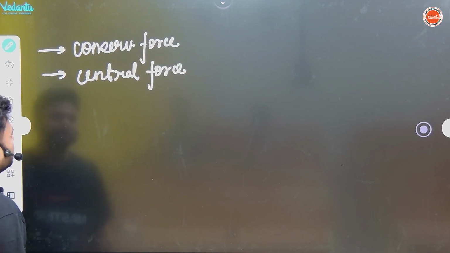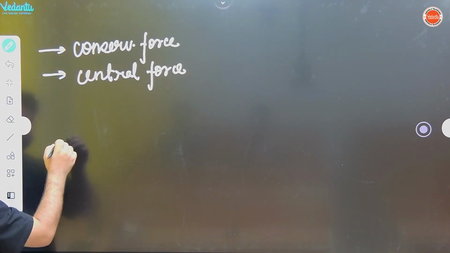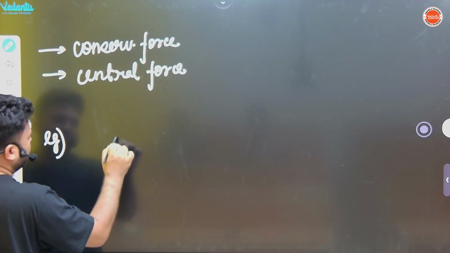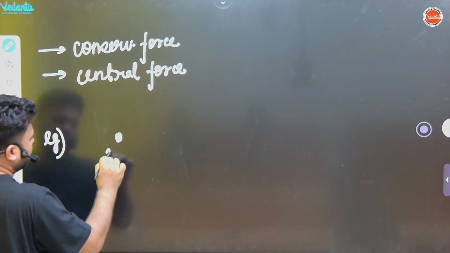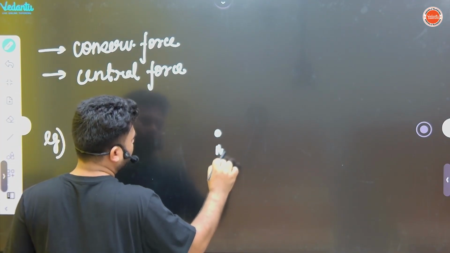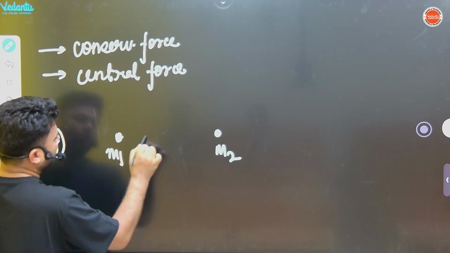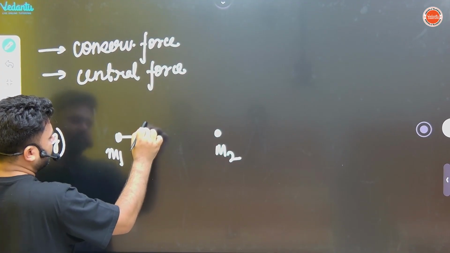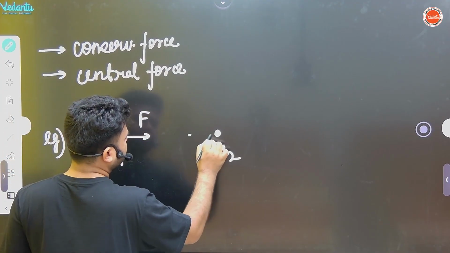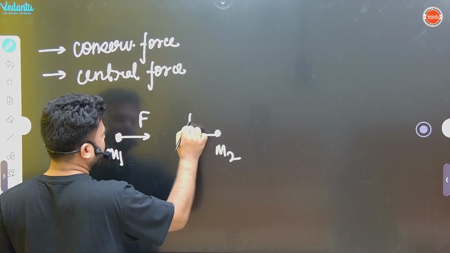Next, suppose someone asks a question: this is a mass m1, this is a mass m2, and the force on this mass is f. Here also the force should be f, the same value.